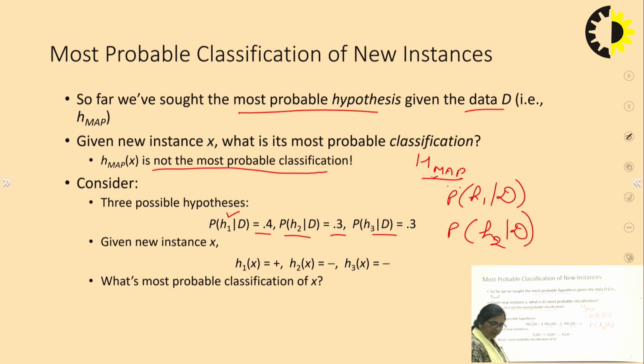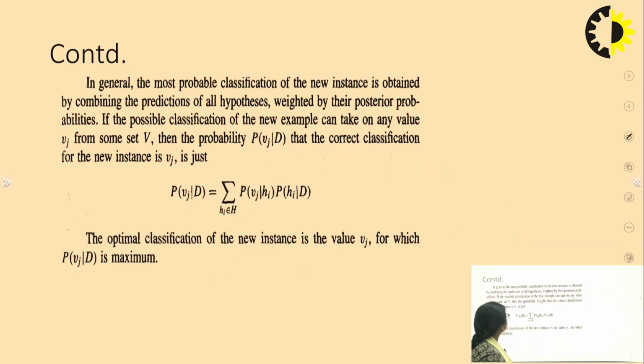So in that case, we will have a change in the calculation. What is that? The probability of the class when the observation is given should be weighted. Now what will be the weight?